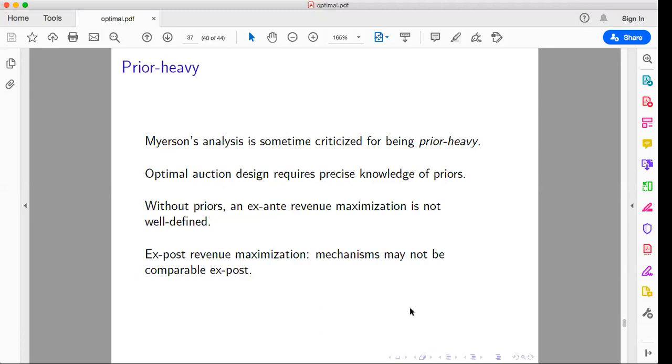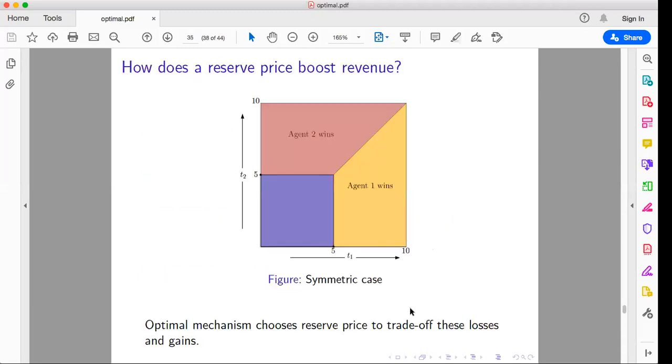Well, that may not be possible because if you tell me a mechanism where it gives me the highest revenue at a given type profile, it might be giving very bad revenue at other type profiles, right? Like we saw in the example here, the second price auction with a reserve price of 5 gives very good revenue in these regions. But if you set reserve price equal to 0, that mechanism gives very good revenue in the blue region.